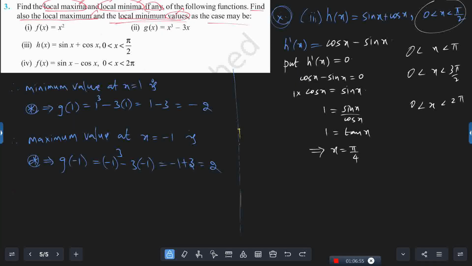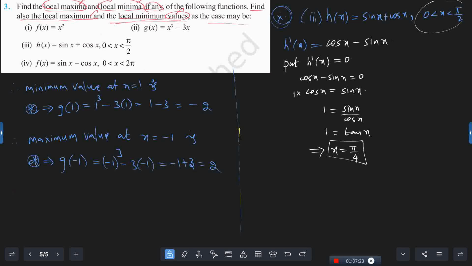It means 0 to pi by 2, you get 1 x value. 0 to pi, 2 x values. 0 to 3 pi by 2, 3 x values. 0 to 2 pi, 4 x values, meaning 4 quadrants. Be careful in these cases. That is what I am telling, this is important. Here it is 0 to pi by 2, so don't worry, we got only 1 x value. This is our required x value.